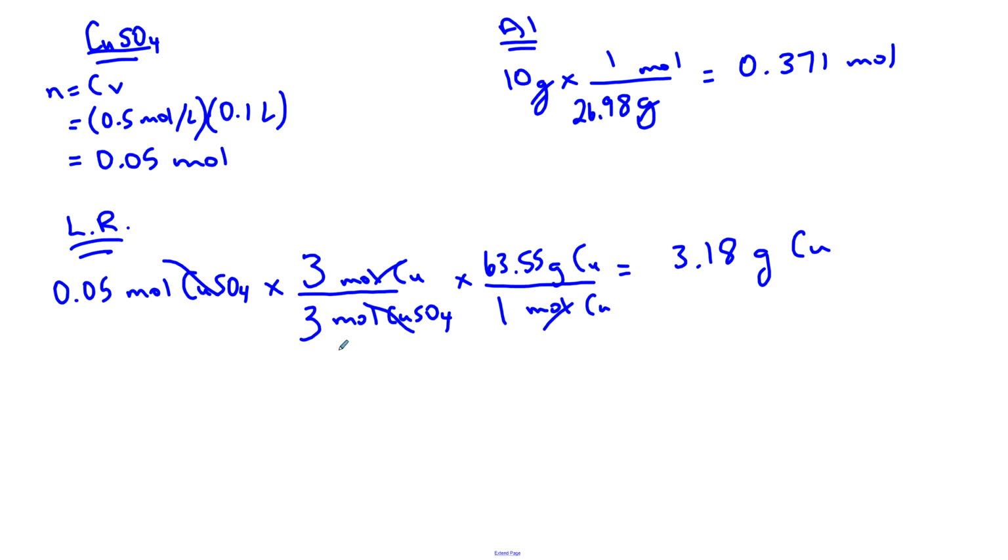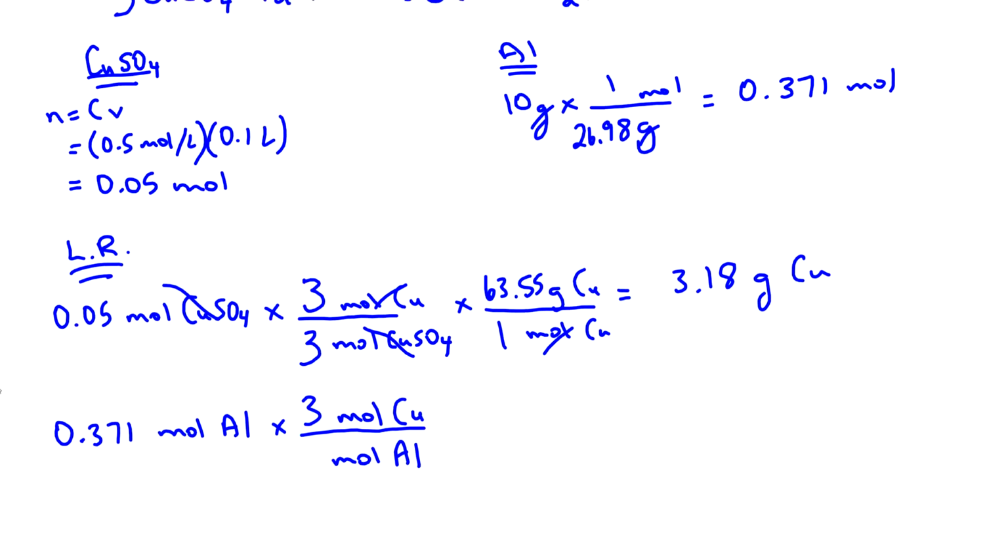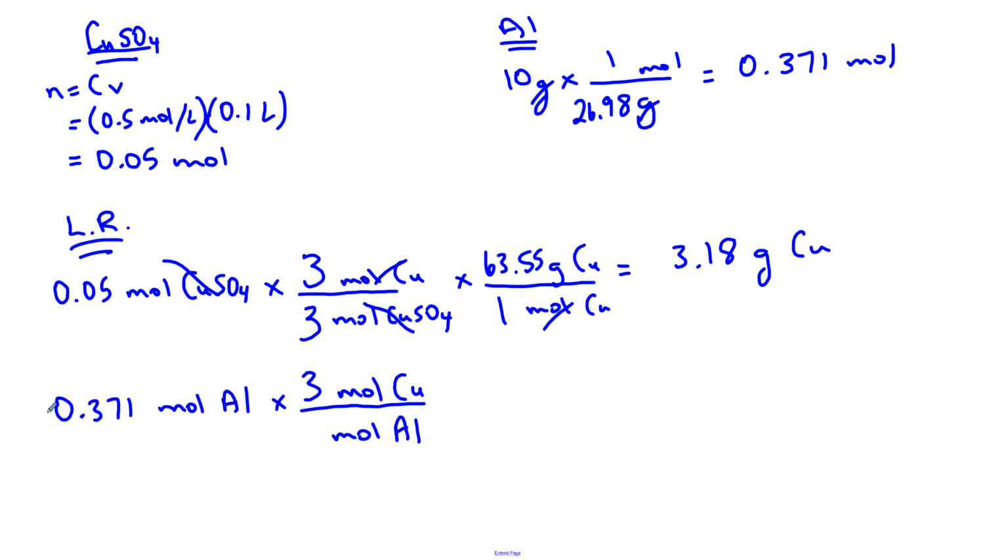And I'll do the same starting with aluminum. So moles of aluminum, 2 moles of copper. I know there's a 3 there. For aluminum, there's a 2. And then convert to grams.